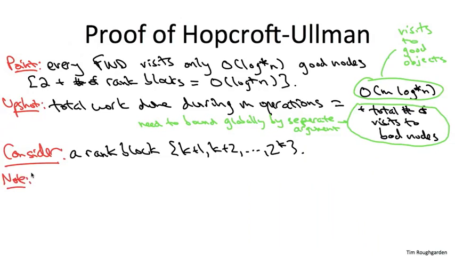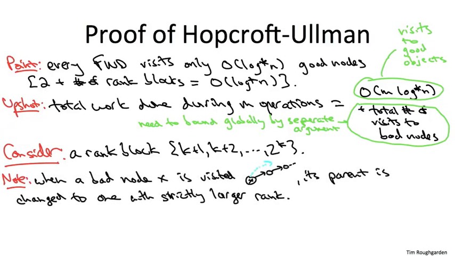Now I told you what our two main building blocks were. The first one is the rank lemma. I'm going to ask you to remember that in a second. But first I want to put to use our other building block, which is that path compression increases the rank gap between objects and their parents. That's what we're going to use right now. Specifically, consider a find operation and a bad object x that it visits. By virtue of being bad, x is not the root, and it's not a direct descendant of the root.